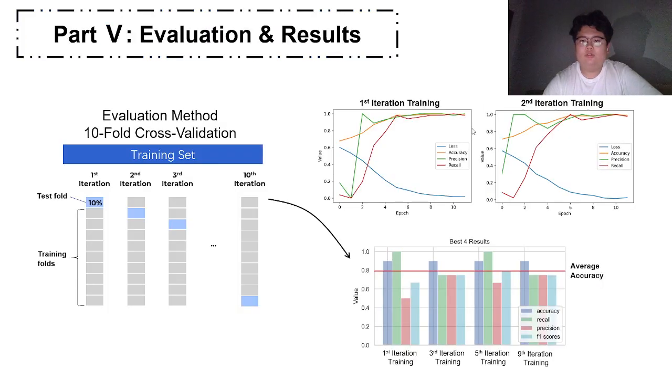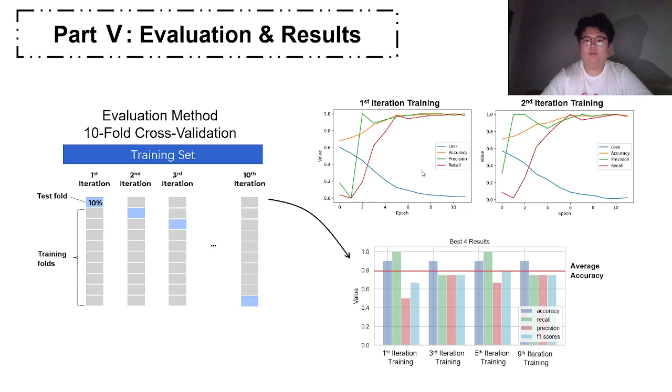Our final model is a two-layer architecture, one Word2Vec and one BiLSTM, on which we adopt a ten-fold cross validation evaluation method. The ten-fold method divides the dataset into ten parts.